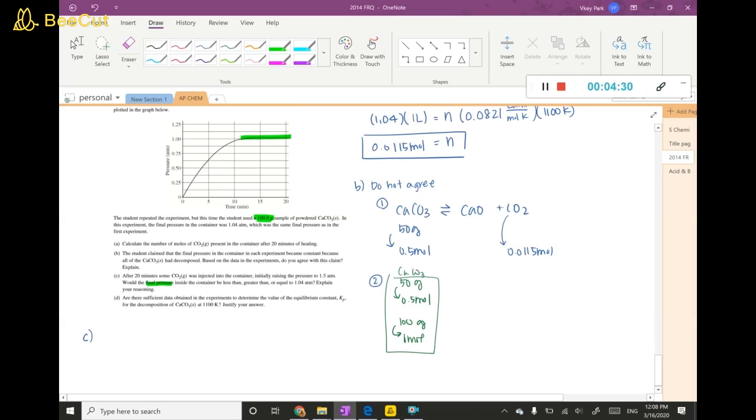Based on the fact that this is reaching equilibrium, it doesn't matter if your initial was 1.5. At equilibrium, you will end up with 1.04 atmospheres. So nothing changes, because we just reached equilibrium. Okie dokies?